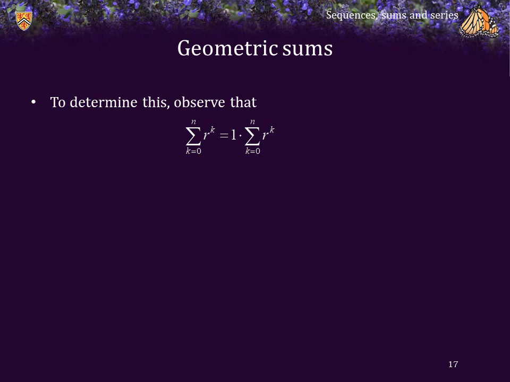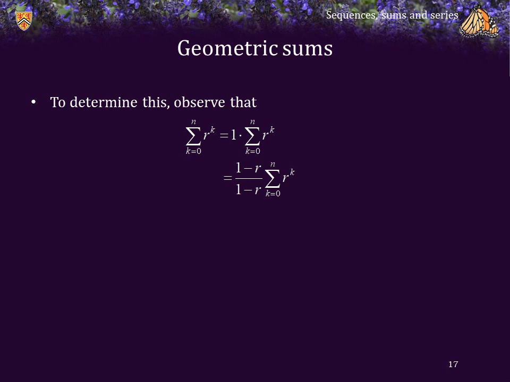Now, to determine what this sum is, let us do what we did in secondary school. We'd multiply it by 1. All right, how does that help us? Well, it helps us if 1 happens to be 1 minus r over 1 minus r. Previously we saw that if we have a sum where each term is multiplied by a scalar, then that scalar can be taken out.